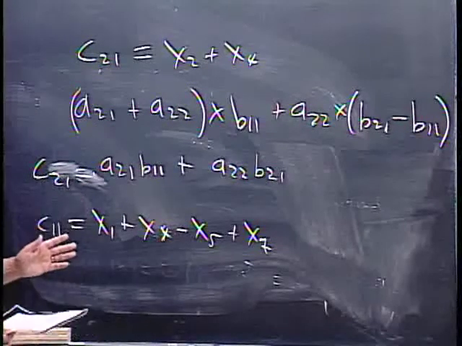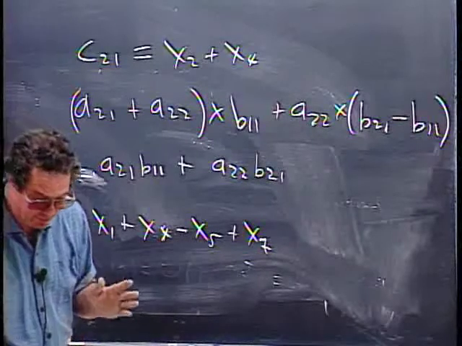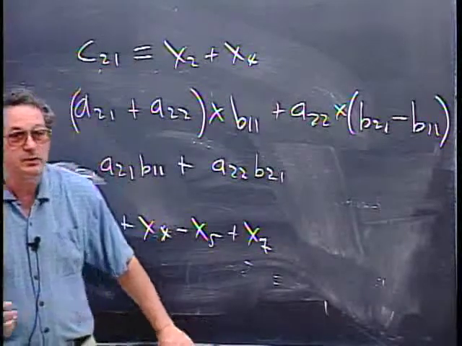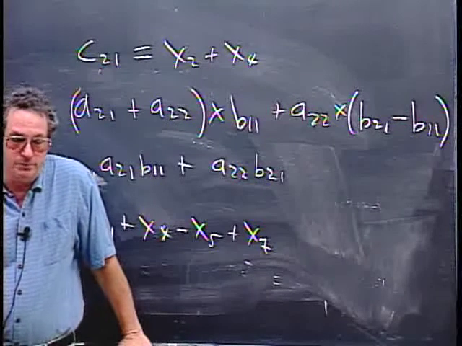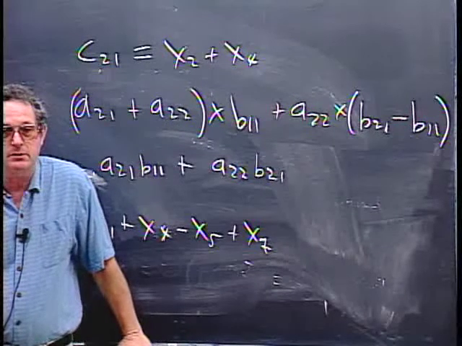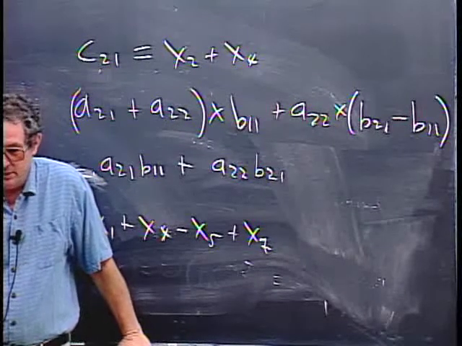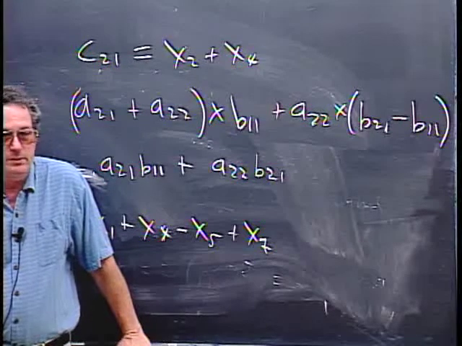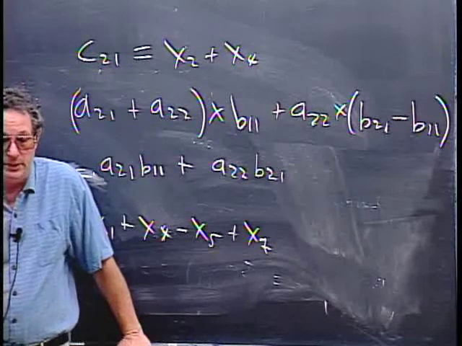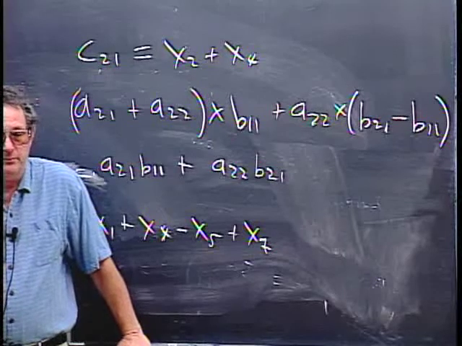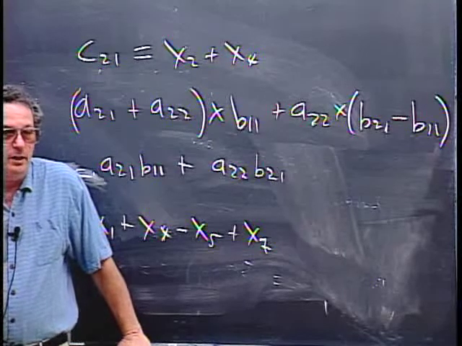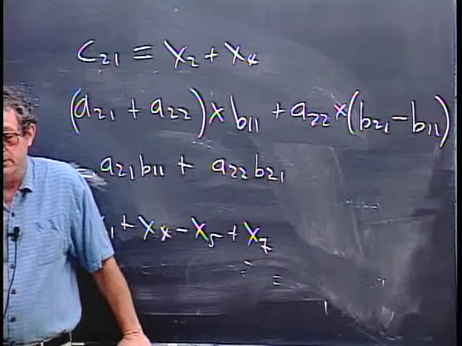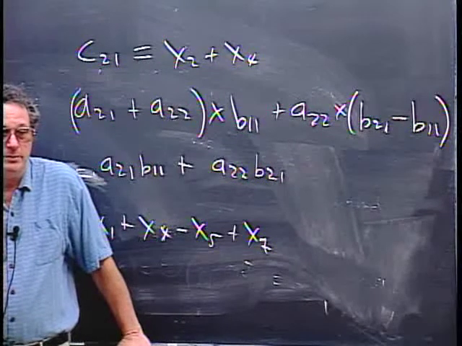And now, let me just say one thing. In this class, we're using the Kleinberg and Tardos book. It does not discuss Strassen's matrix multiplication method. However, the book that had been previously used for this class, Cormen, Leiserson, Rivest and Stein, does cover in detail Strassen's matrix multiplication.